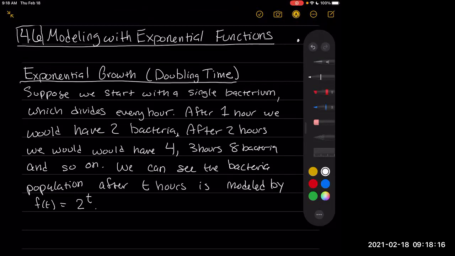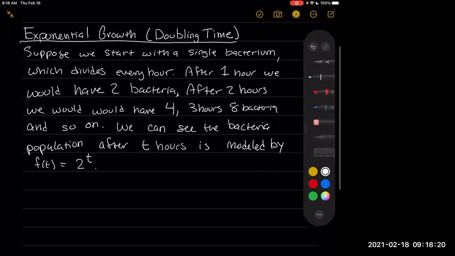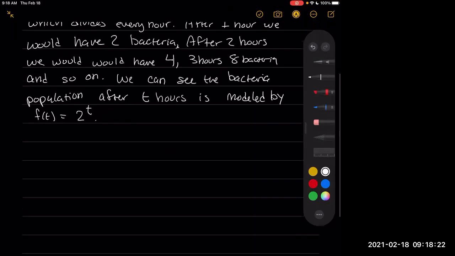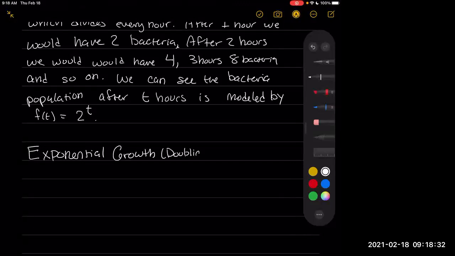We can adjust this base model to fit other more specific models. So I'm going to give us the formula: the exponential growth, or the doubling time formula.